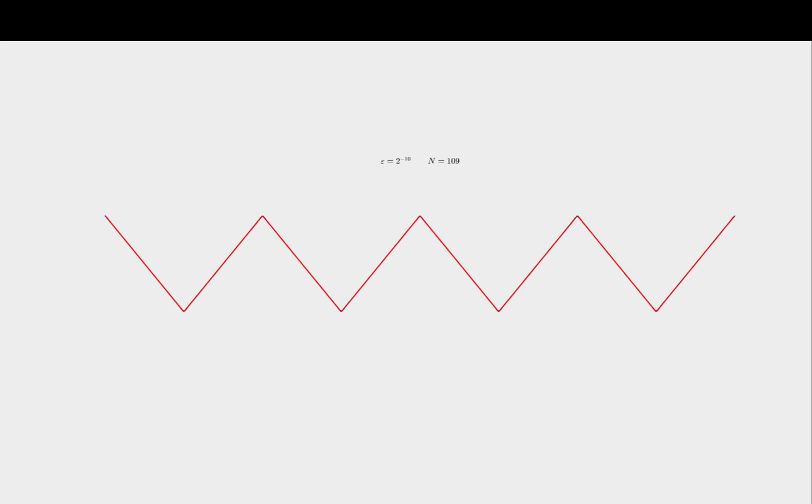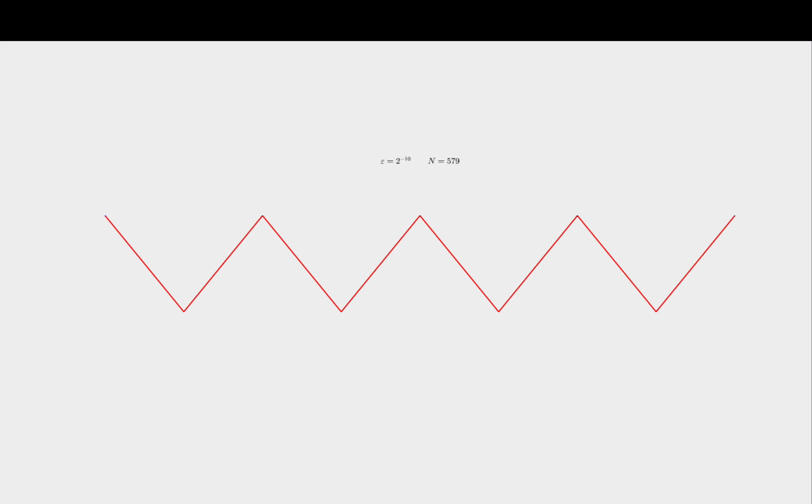So that's fairly small. And remember that we have this jagged function. It has corners, but it is continuous. The values at the endpoints do agree. The derivative is sectionally continuous. The derivative has jump discontinuities at the corners.